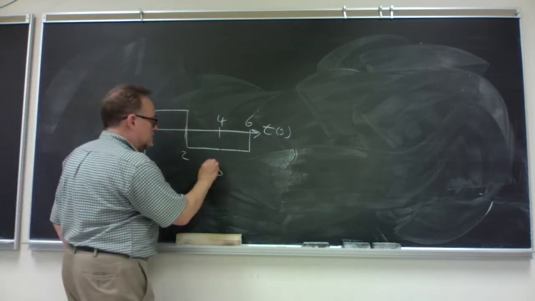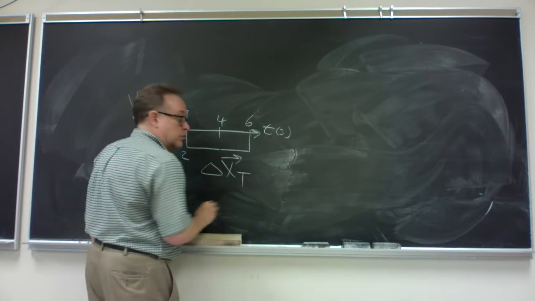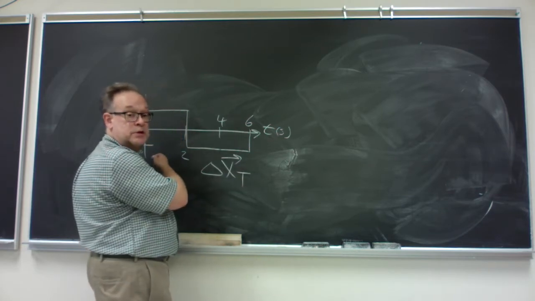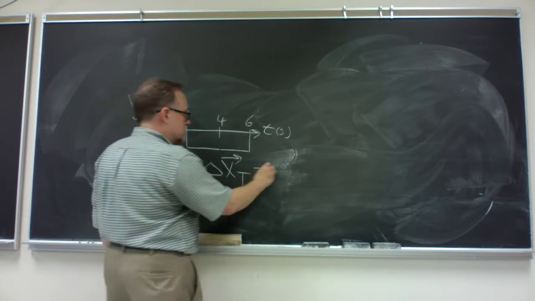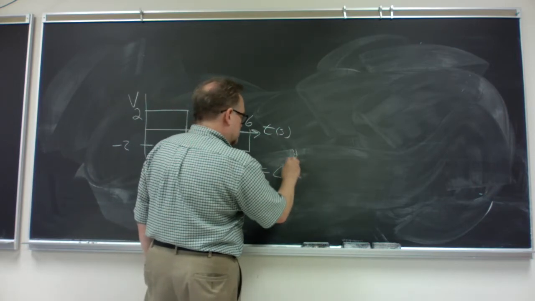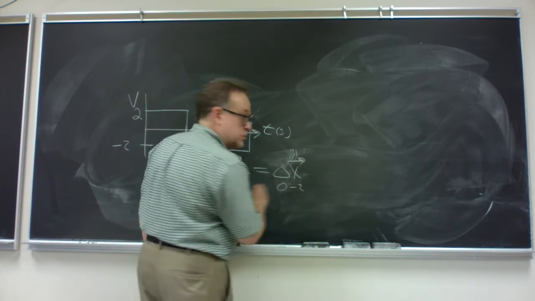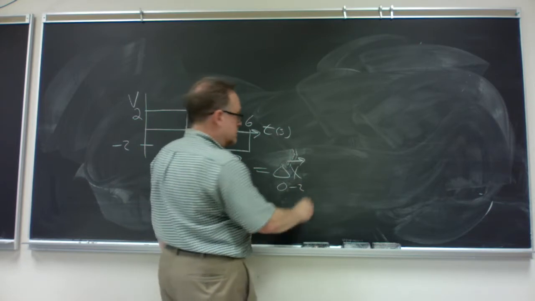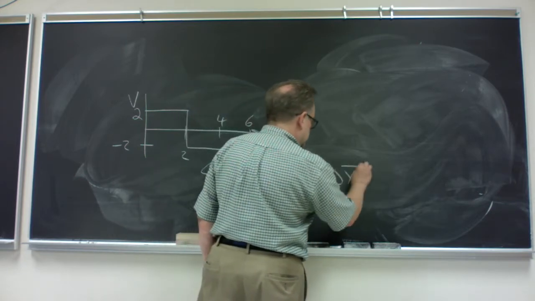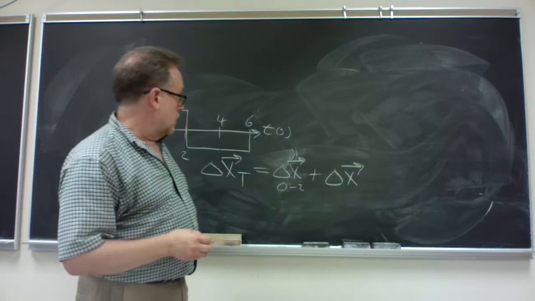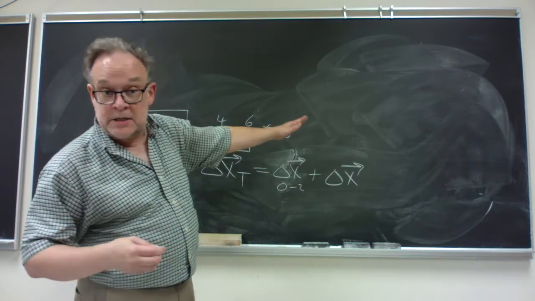So again, the grand total displacement between 0 and 6 seconds is just the displacement over the first 2 seconds, from 0 to 2 seconds, and the displacement from 2 to 6 seconds.